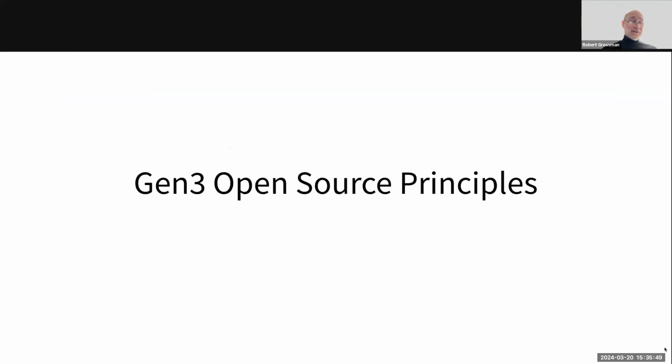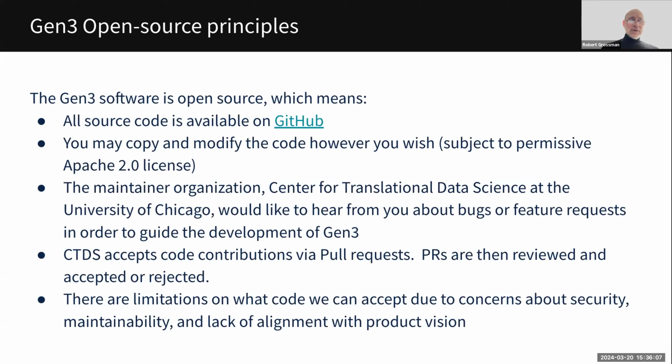Thank you. More precisely, we're talking about what principles Gen3 is following to grow our open source community. Next slide. So all the code is available in GitHub, and it has an Apache 2.0 license, as I think most people know, so that you can modify the code and use it in your academic, commercial, and government projects.